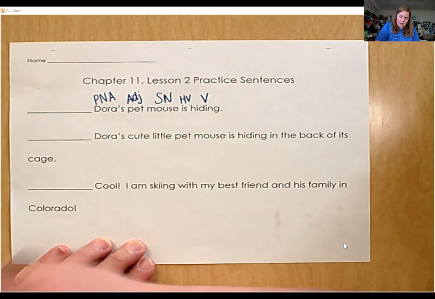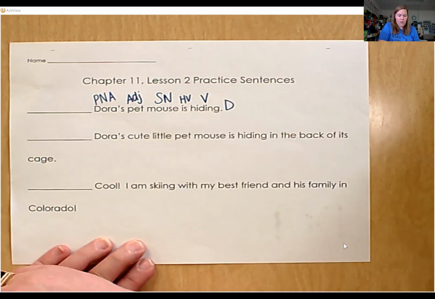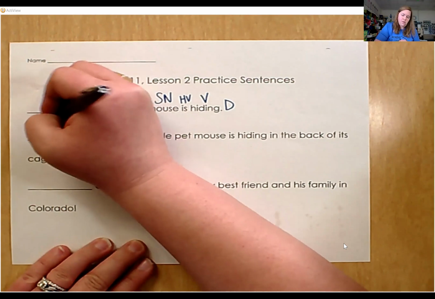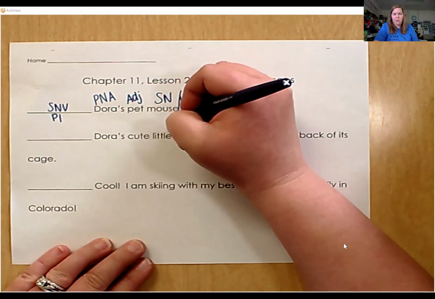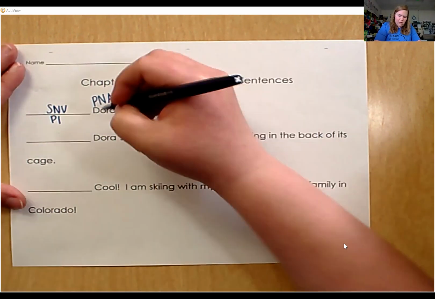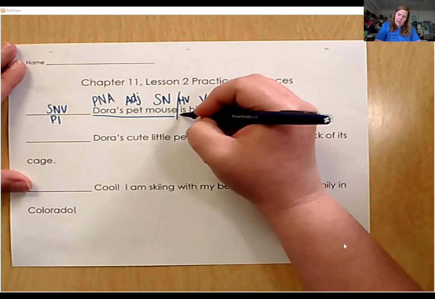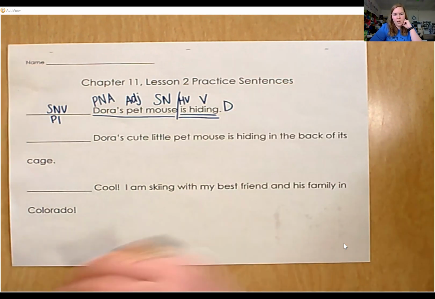This is a period statement, declarative sentence. Still subject, noun, verb, pattern 1. Where do I put my slash? We have a helping verb and a main verb, so we divide before the helping verb. The subject is Dora's pet mouse. The predicate is hiding. Very good.